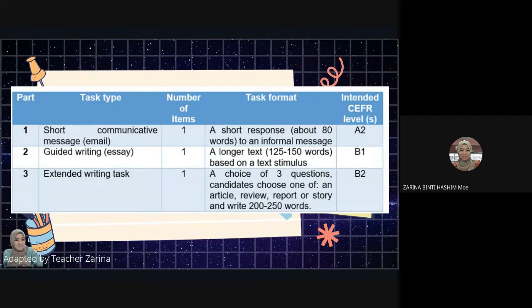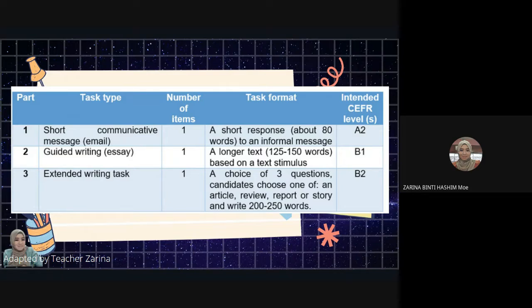Formal email is just like a formal letter, but you have to write it in the form of email. If you have your textbook with you, you can check page 180 at the back. You have informal letter, formal letter, article, essay, story, review, and report.